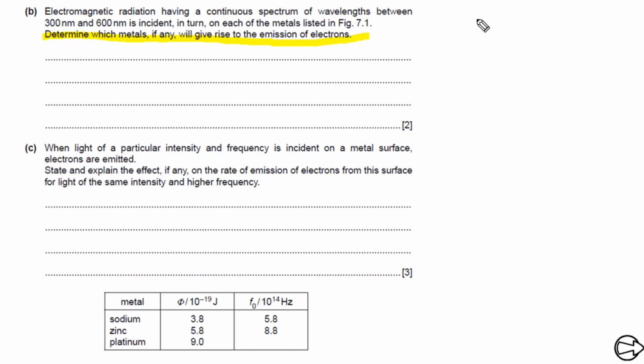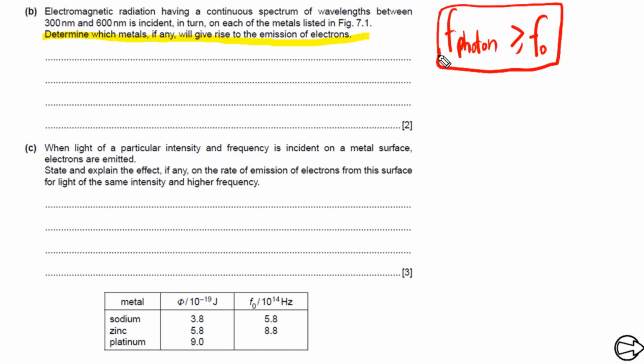That basic condition is simply that if the frequency of the incident photon is greater than the threshold frequency of the metal, then photoelectrons may be emitted. So this is the basic condition. We simply need to calculate the frequency of photons and then compare with the threshold frequency of the metals.